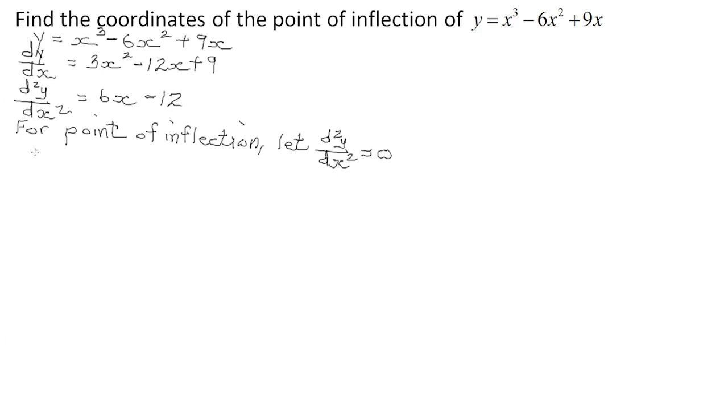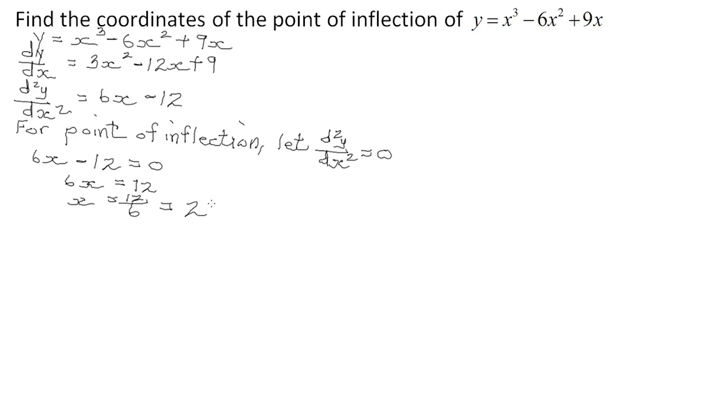It means that 6x minus 12 is equal to 0. First remove the term, 6x is equal to 12. Then remove the coefficient, divide by 6, therefore x is equal to 2.